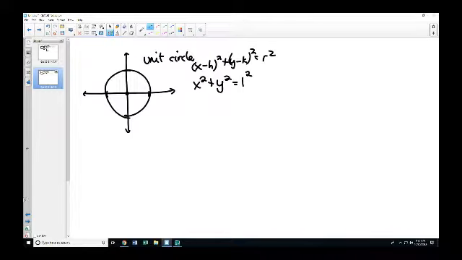A little bit of a reminder from pre-calc: center is (h, k), radius r. The unit circle is the easiest of the bunch. In fact, about mid-October in pre-calculus, we do an activity where we calculate the tangent line equations on the unit circle.